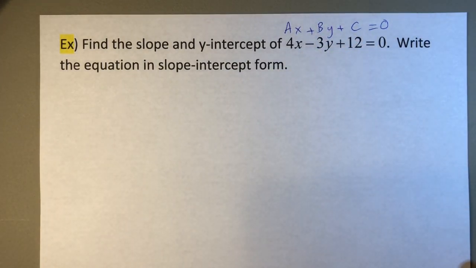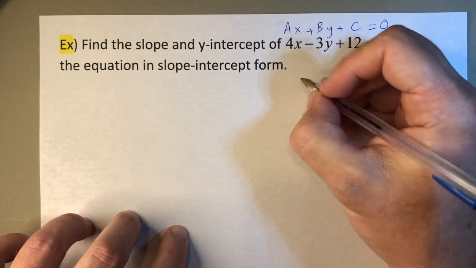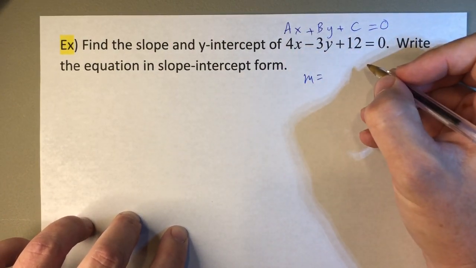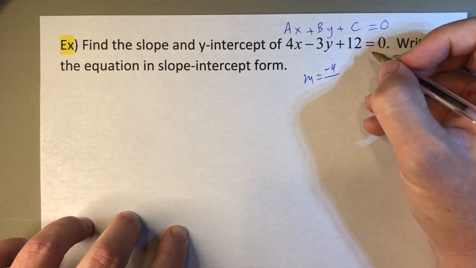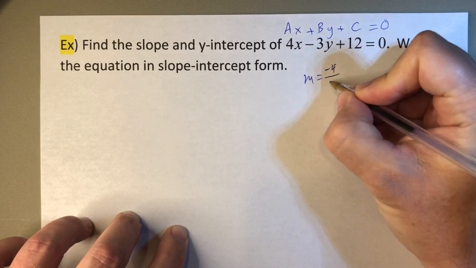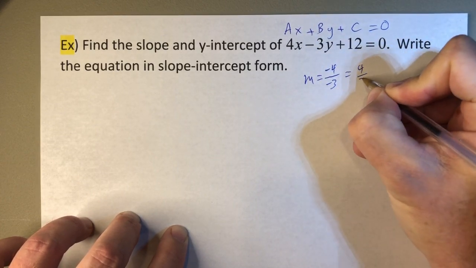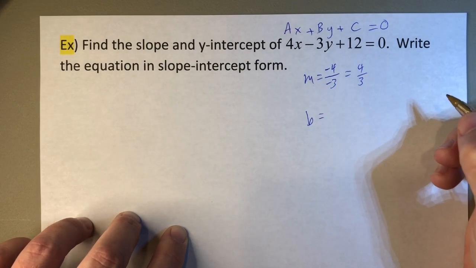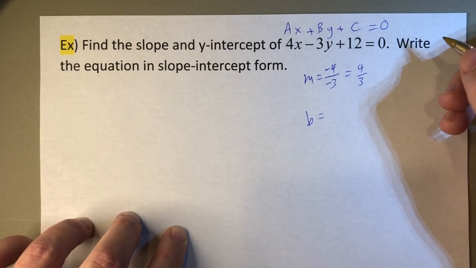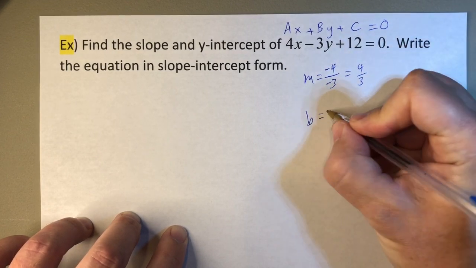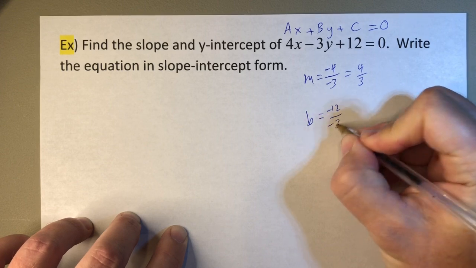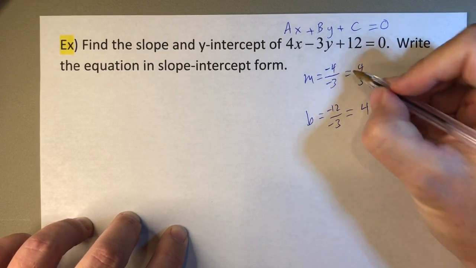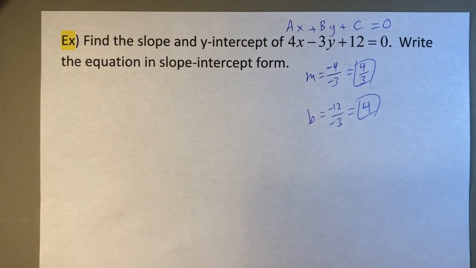Now, we could just look at this and say the slope is equal to negative a over b, so negative 4 over b, which is negative 3. So the slope is going to be 4/3. And the y-intercept, also something we just discussed, is negative c over b. So negative 12 over negative 3, so the y-intercept is going to be 4.